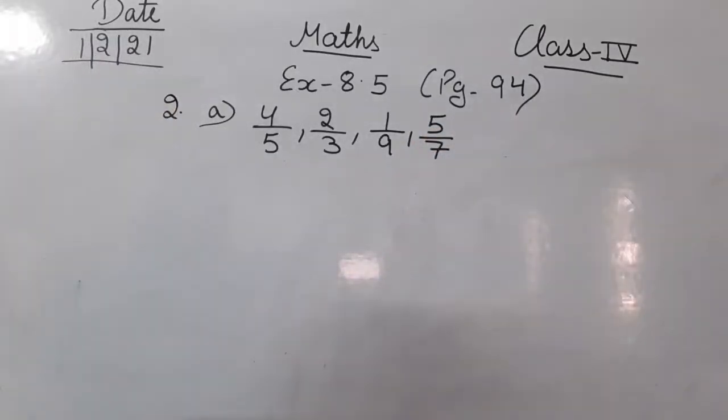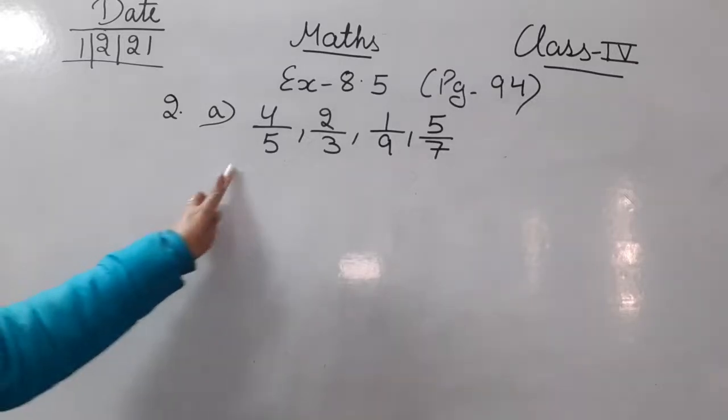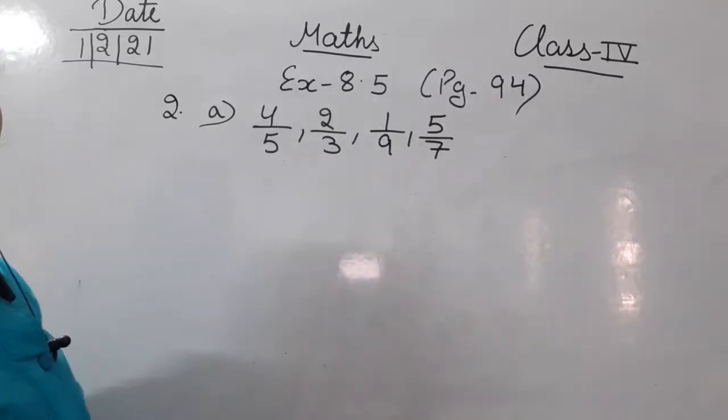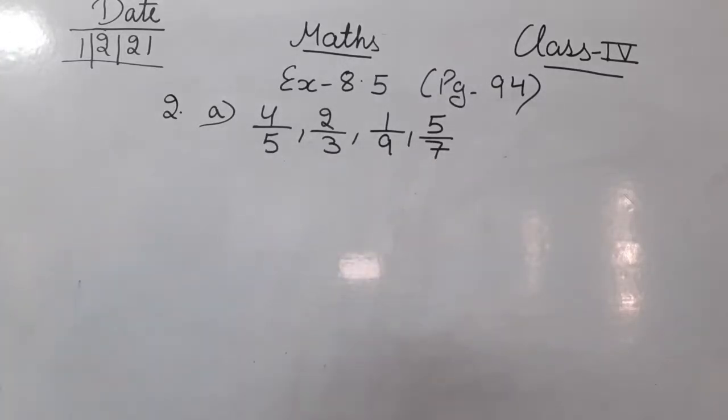So these are the 4 fractions that are given here, and we have to tell whether these are examples of like fractions or unlike fractions.